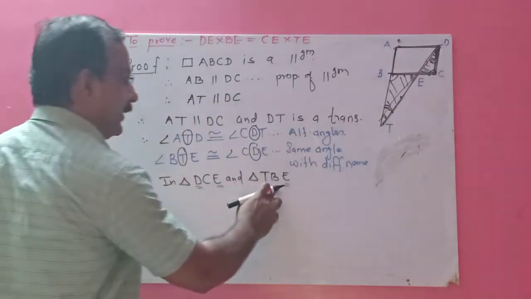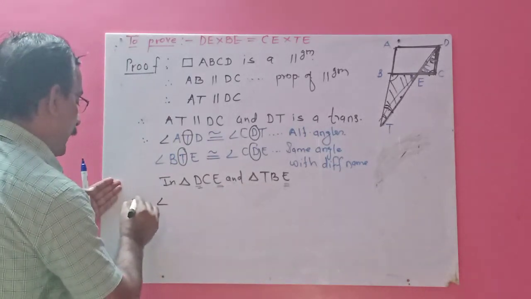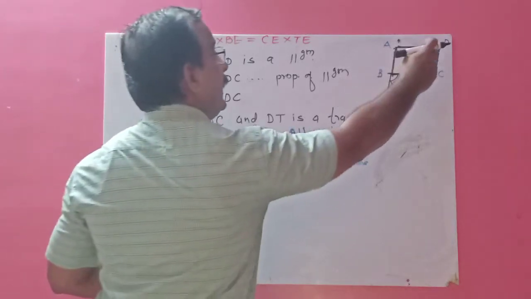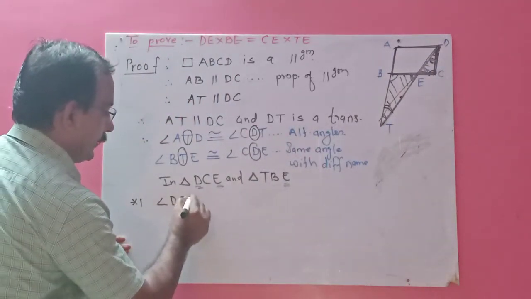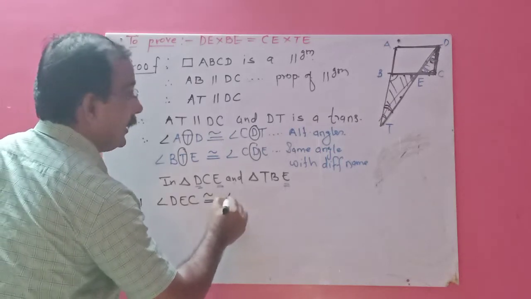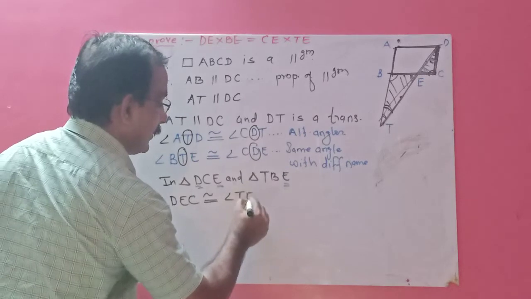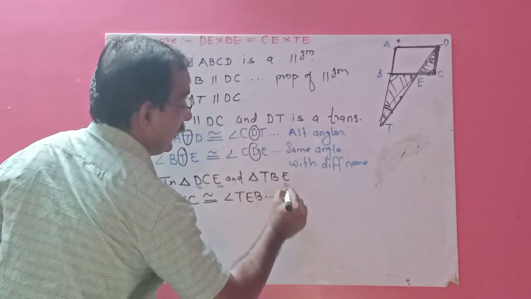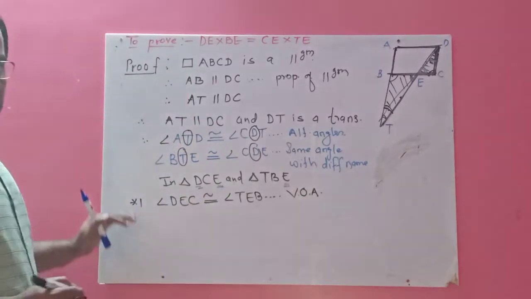So after writing these two triangles, write down congruent elements. That is angle, point number 1. Angle DEC congruent angle TEB, reason, vertically opposite angles.